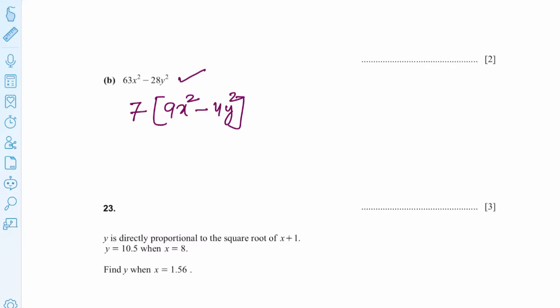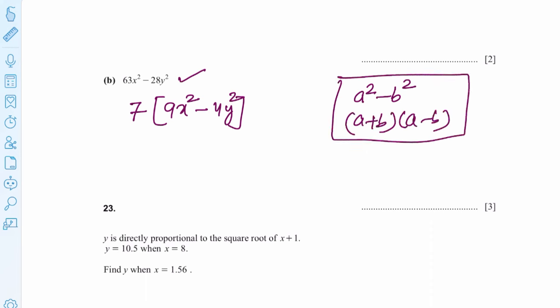Easy. So now if you remember, a squared minus b squared equals a plus b times a minus b. This is a factorization thing. Got it? So now if I write it in square format, it will be 3x squared minus 2y squared.